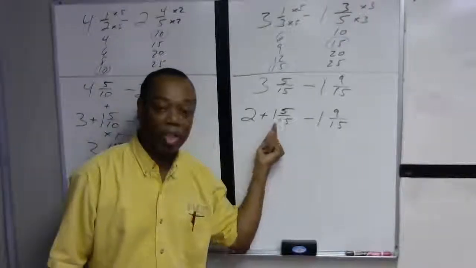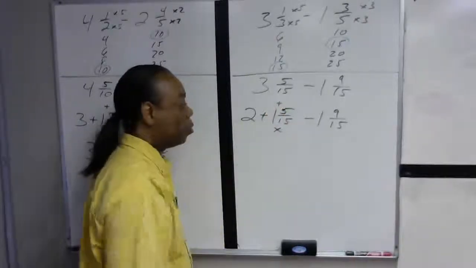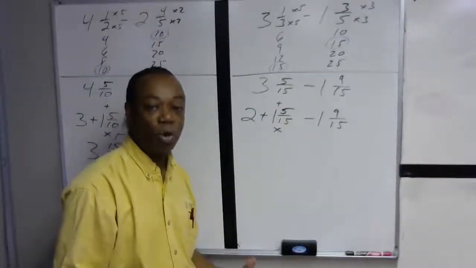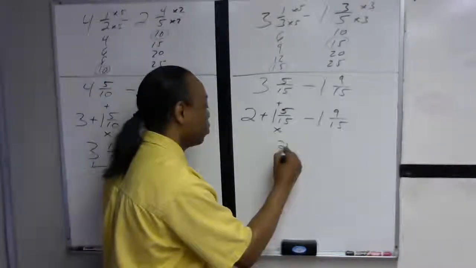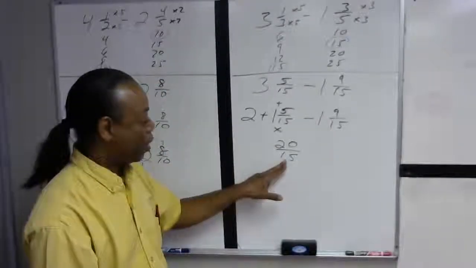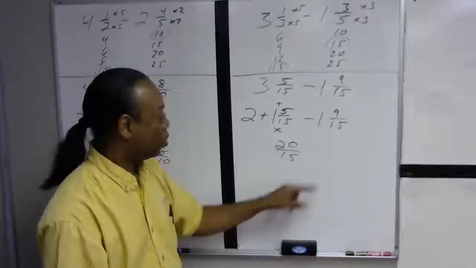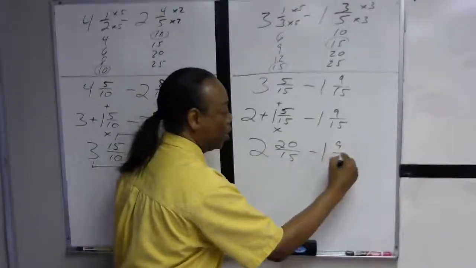So I'm going to use multiplication and adding. 15 times 1, and then I'm going to add 5 to it. 15 times 1 is 15, plus 5 more is 20. Over 15. Okay. Now that I got that, I'm going to bring everything else down. 2, the subtraction, the 1, the 9, and the 15.